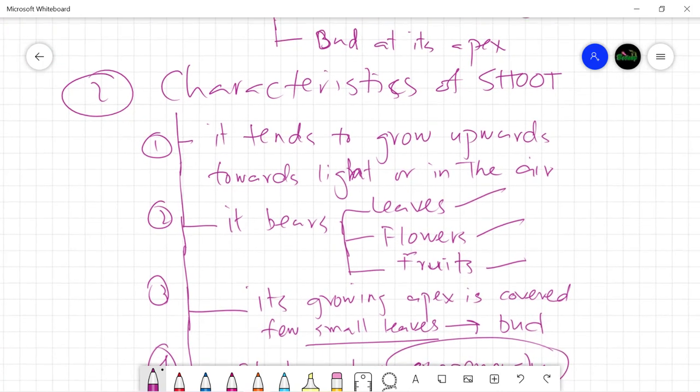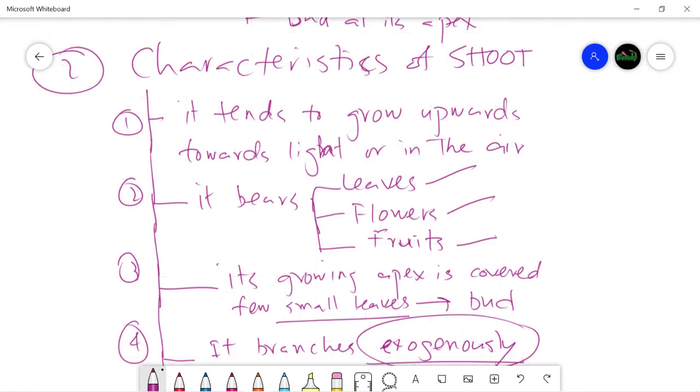Then the characteristic that it is phototropic, that is it almost always tends to grow upwards in the air towards light.